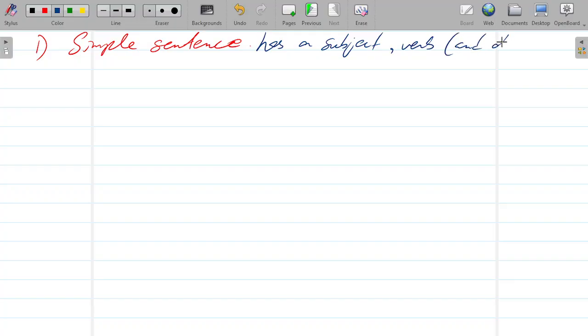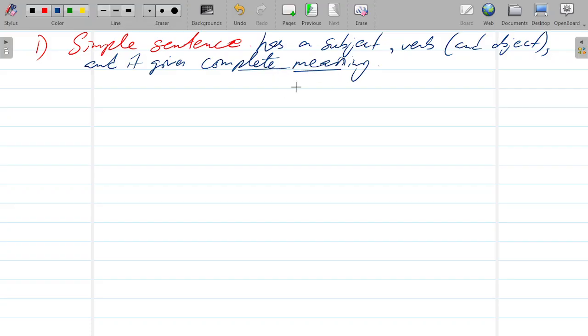And objects, I'm putting that in brackets, depending on the verb. And it gives complete meaning. Right, so giving complete meaning is important.